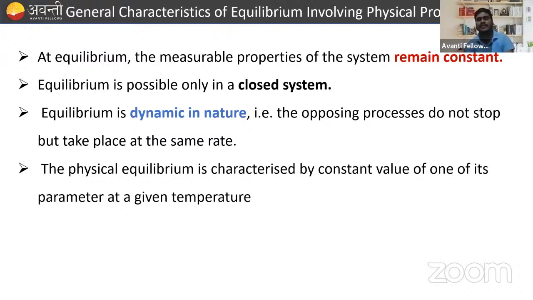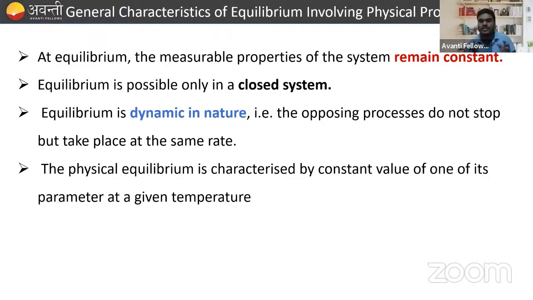The truth is what? Because equilibrium is dynamic in nature. It means the rate at which the product is formed is exactly equal to the rate at which the reactant is formed. So you observe that every time the amount of reactant and the amount of product remain the same. Why? Because the time in which the product reacts to give reactant is the same time in which the reactant gives back product as well.